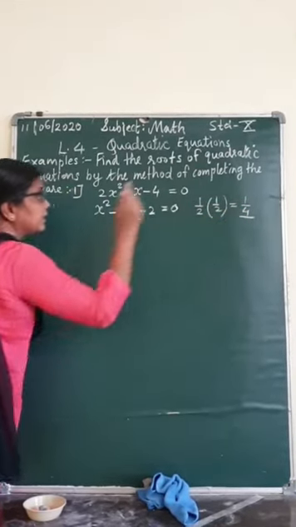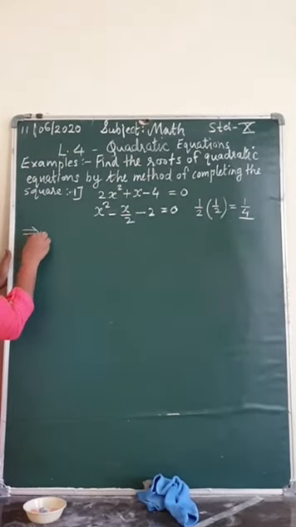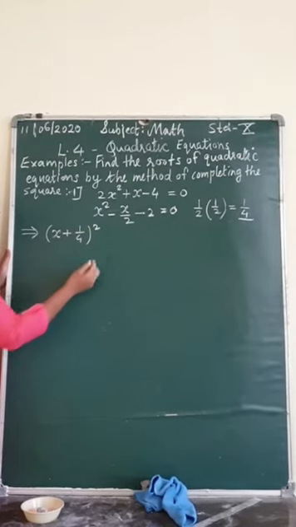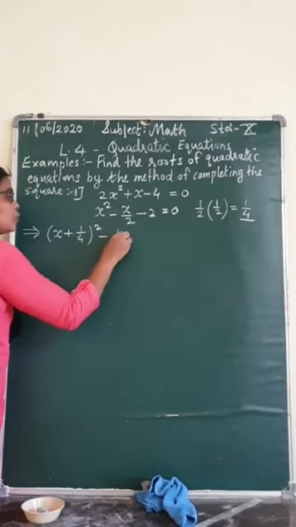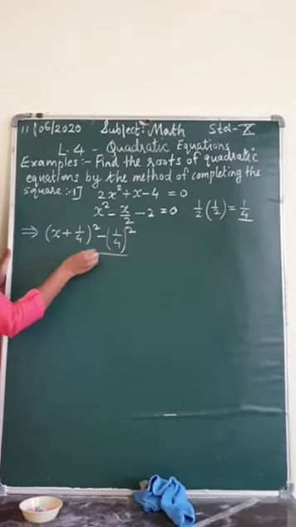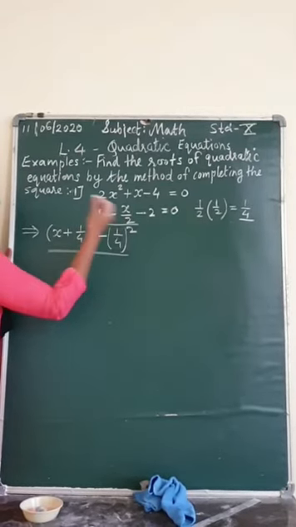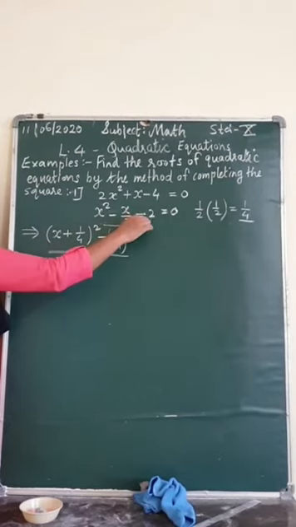So when we get this term as 1/4, we are completing the square like x plus 1 upon 4 whole bracket square minus 1/4 whole square. So all this gives us this expression. But what about minus 2?